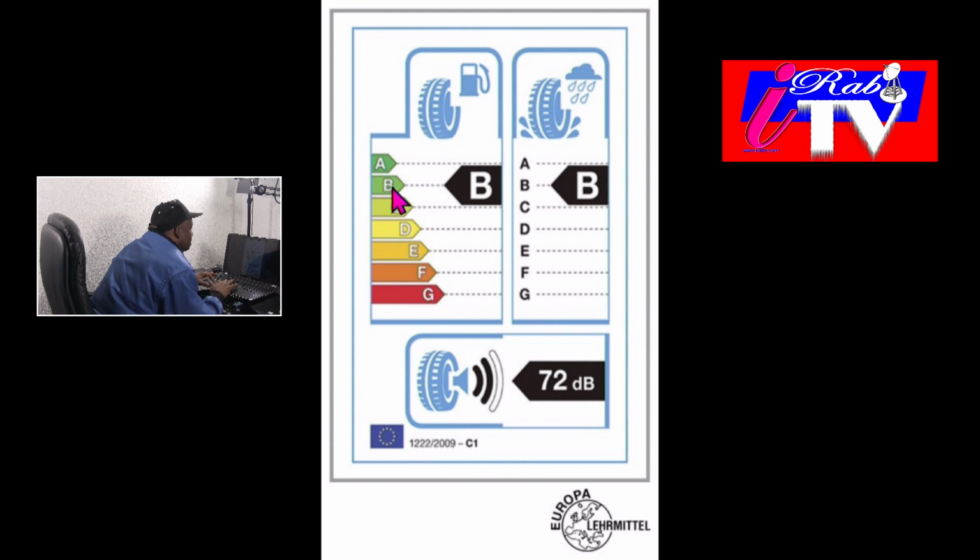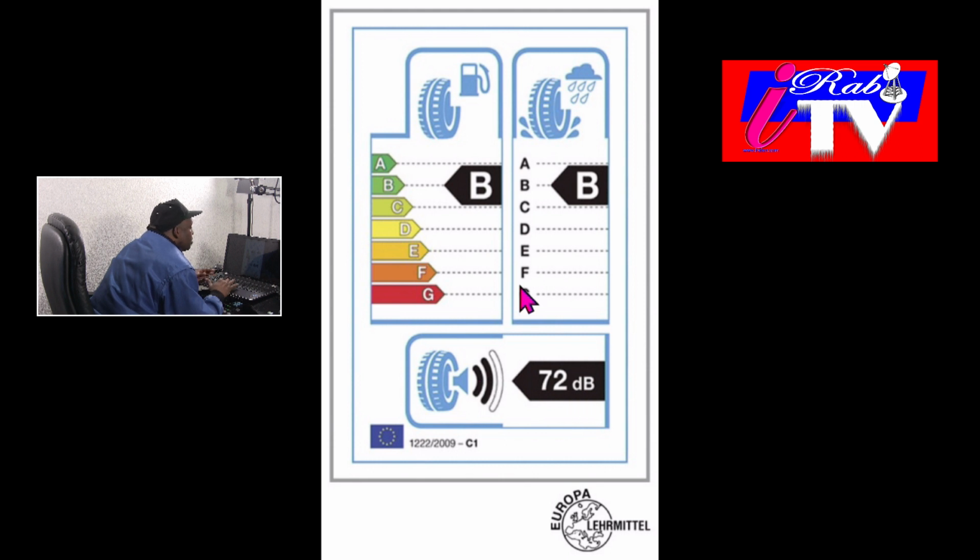And this same tire, during rainfall is very important. It can withstand. It's also B during wet season. And if you watch my mouse now, there are some tires that, when they are going on the road, are very loud. But this particular one is 72 dB, the noise that this tire emits.